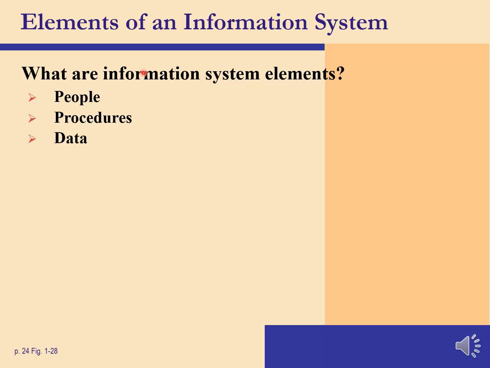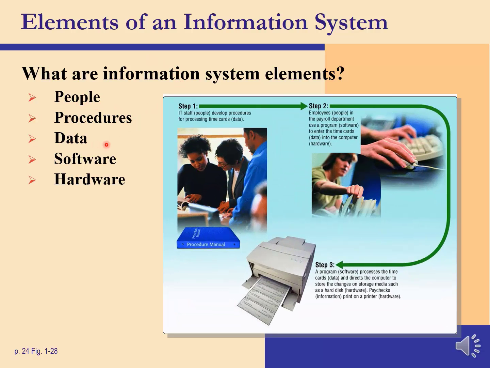Elements of an information system. What are information system elements? There are 5 elements of information systems: people, procedures, data, software and hardware. People are those who work on the information system.